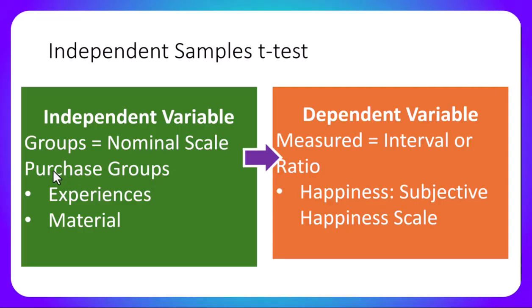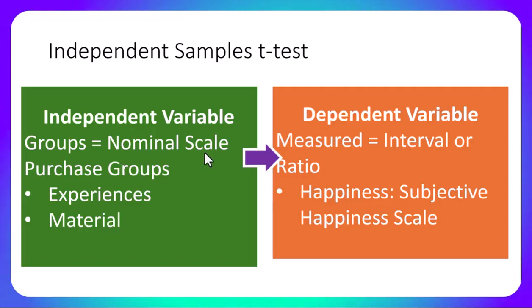And the independent variable in our case is purchase groups, either writing about experiences or writing about material items. And so it's one independent variable, and there are two levels of the independent variable, which is important. That's what we need. We need two groups or two conditions in order to be able to use the independent samples t-test.